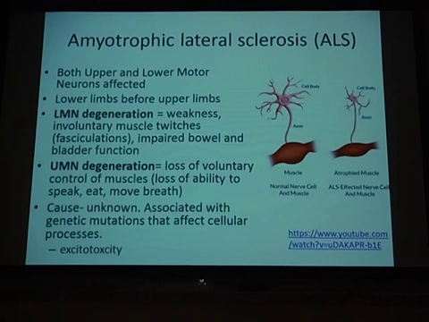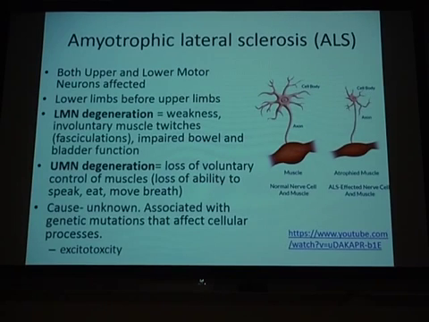And this progression to not being able to breathe usually happens anywhere between 1 and 5 years from the time of diagnosis. So from the time of diagnosis, the life expectancy for ALS is about 5 years at best. And this is considered mainly a lower motor neuron disorder.